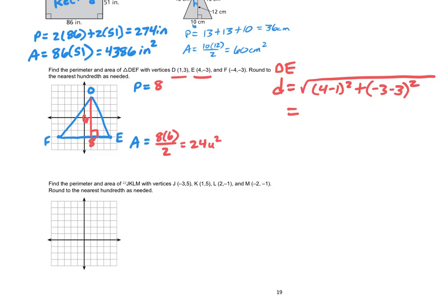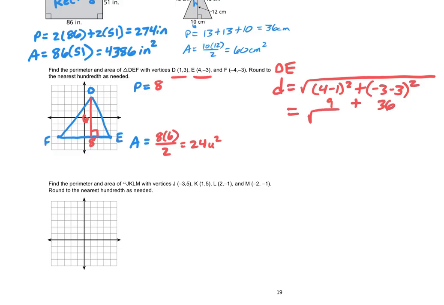Okay, and we're just going to go through step by step here. 4 minus 1 is 3. 3 squared is 9, so this would become 9. Negative 3 minus 3 would be negative 6. When I square negative 6, it makes 36, which should be positive.